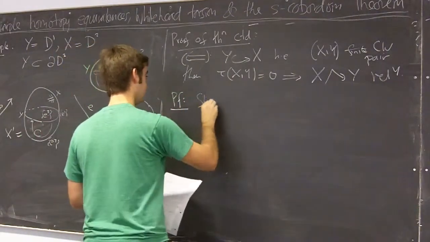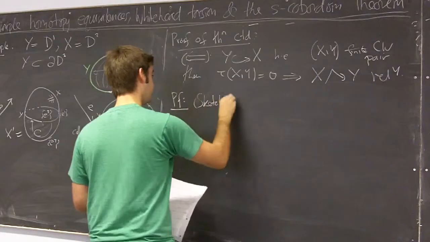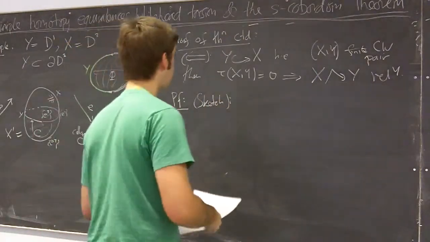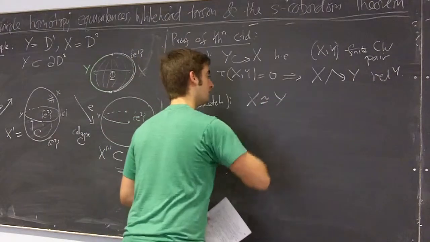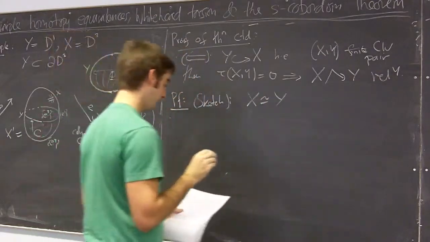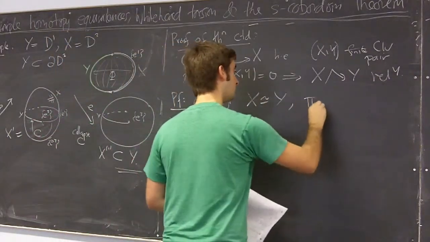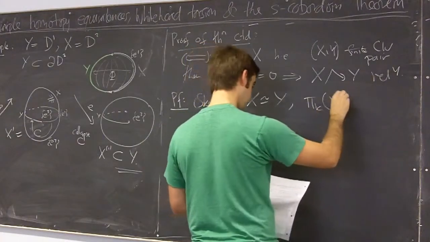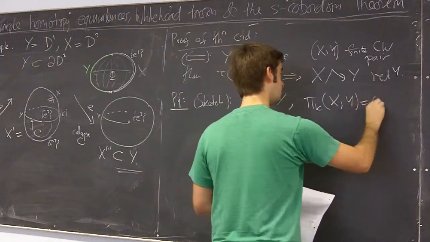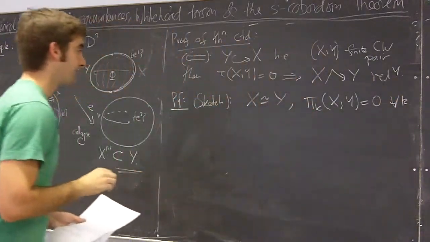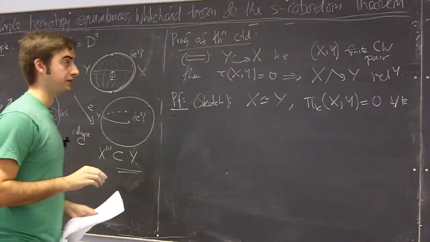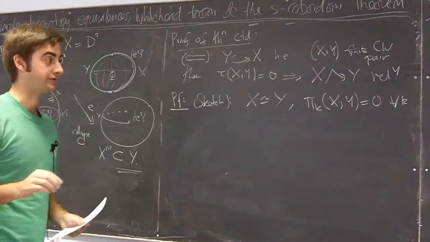So again, this is a somewhat sketch proof, but all the ideas should be there. We know X is homotopy equivalent to Y, so we get that these relative homotopy groups are all 0. So we can apply this Whitehead cell trading lemma for any dimension.